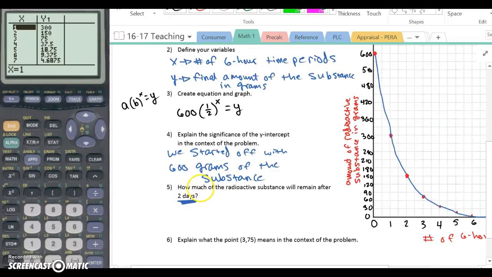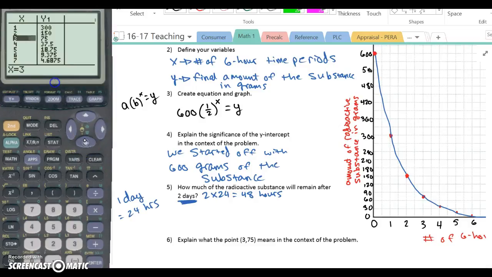Well, each day is 24 hours. So 2 days, it's really 2 times 24 is 48 hours.